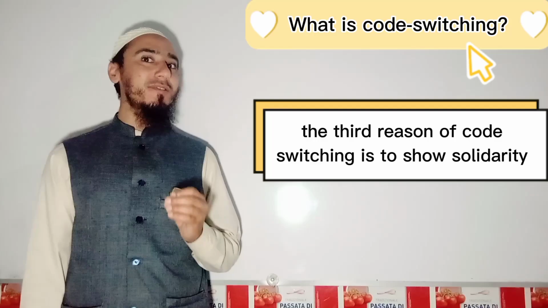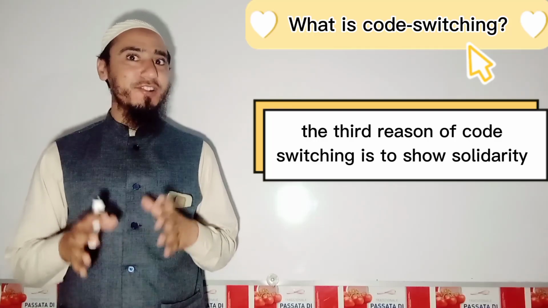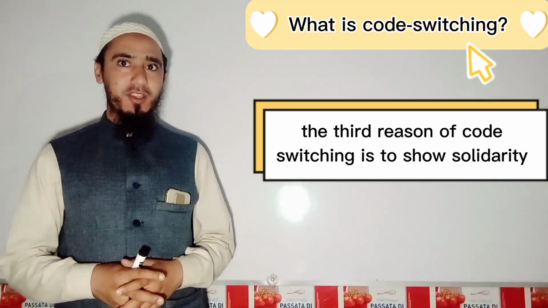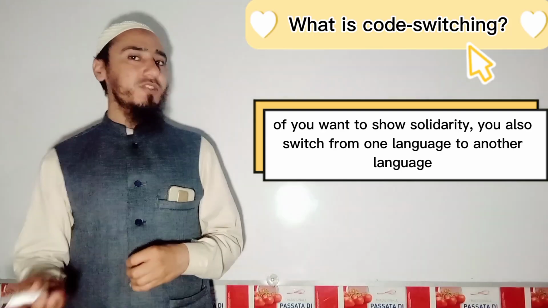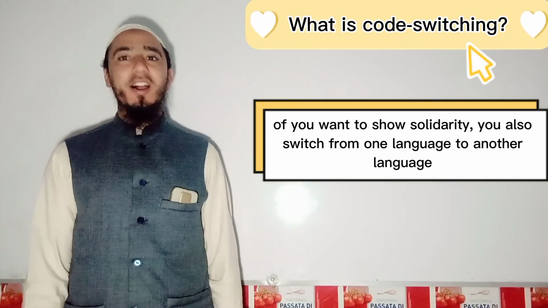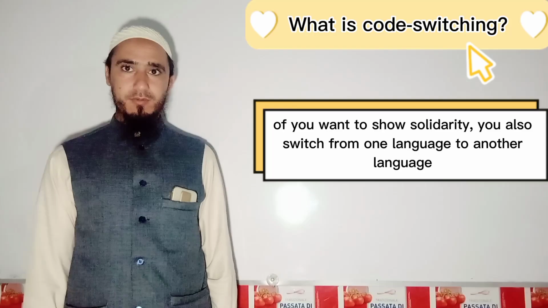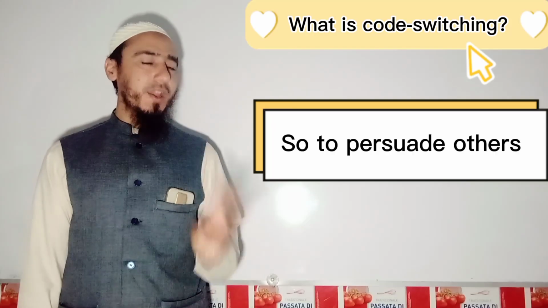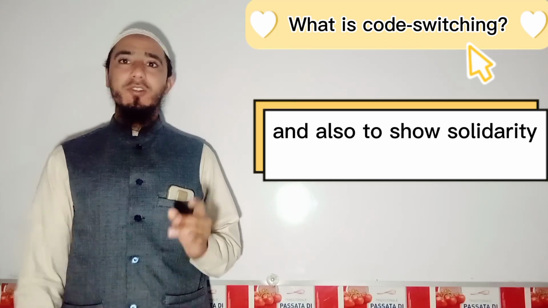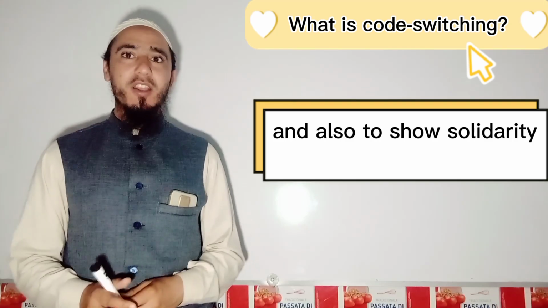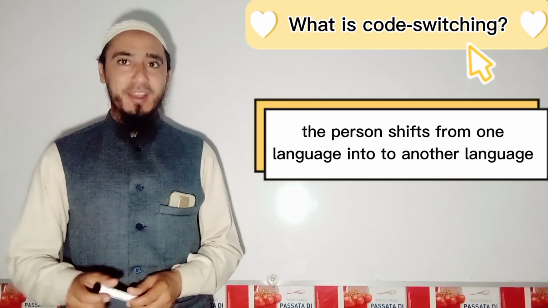The third reason of code switching is to show solidarity. If you want to show solidarity, you also switch from one language into another language. So, to persuade others, to avoid confusion, and also to show solidarity, a person shifts from one language into another.